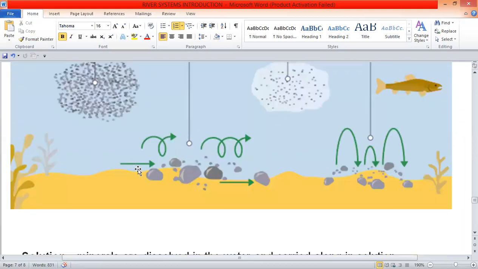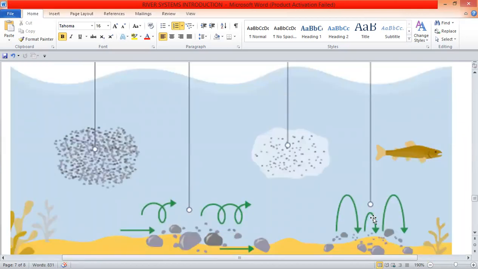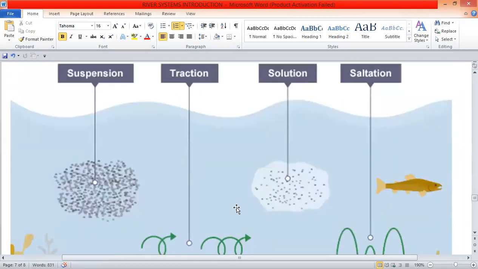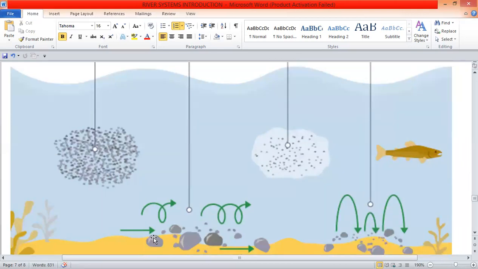So these are the 4 processes through which a river transports its load. You can see the diagram here. It means that in traction, the load is big in size. It is being pulled along the bed. As you can see from these arrows, the heavy load is just pulled along the bed, dragged.